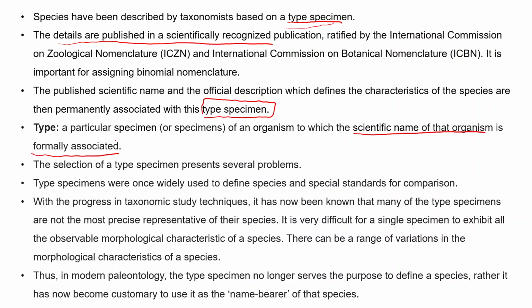Whenever a scientific name is given, it has to be given on the basis of certain morphological features, so that when we are comparing two different taxa, or maybe specimens of the same taxon, we have a reference point. Now, over the last century, a lot of studies have been done, and the selection of type specimen has always presented several problems.